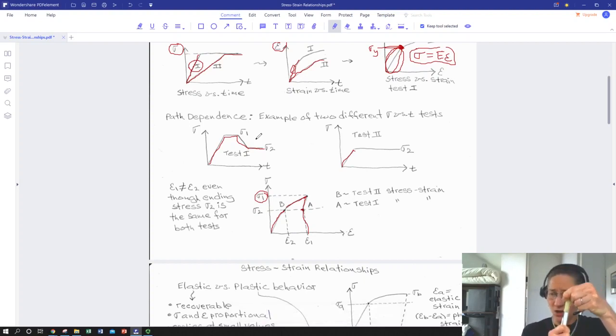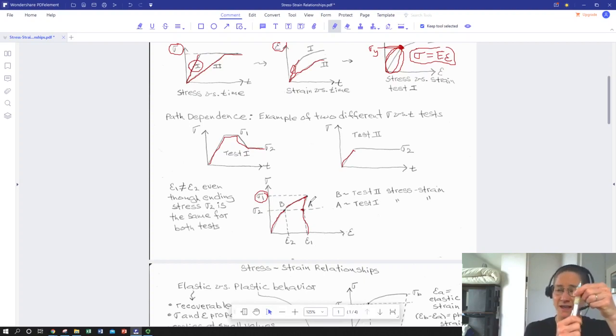When I pull really hard to sigma 1, I relax it to sigma 2, it's going to have elongated a certain amount corresponding to strain 1. I do it again, and I pull it just to sigma 2, not nearly as hard, and leave it. My pencil will be not as long in test 2 as it was in test 1.